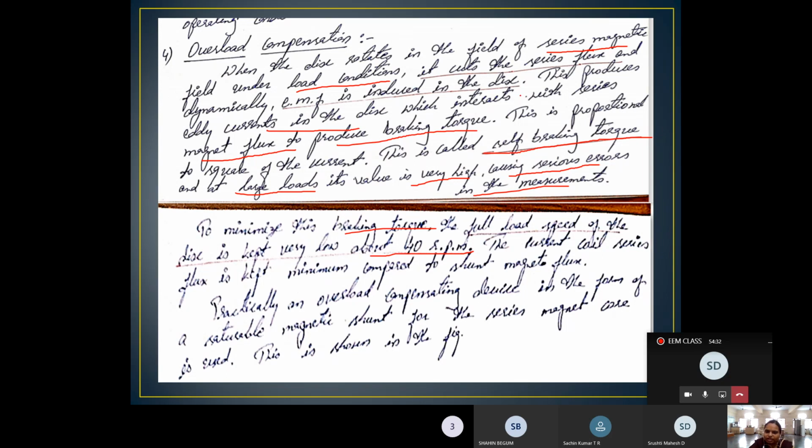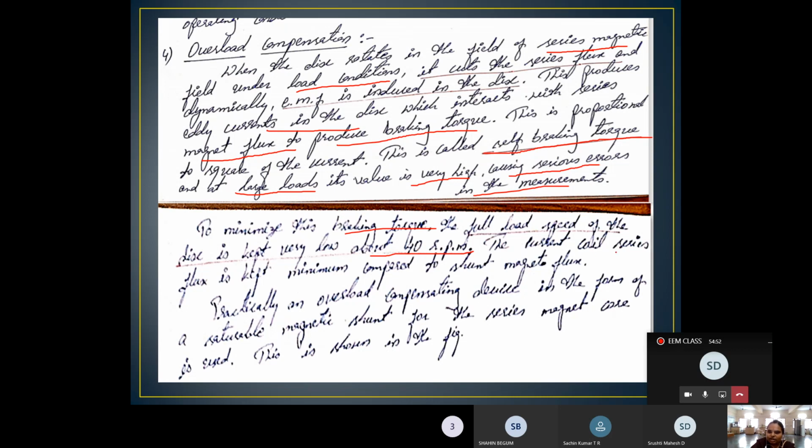That's what is taken here: the full load speed of the disk is kept very low, about 400 revolutions per minute, RPM.